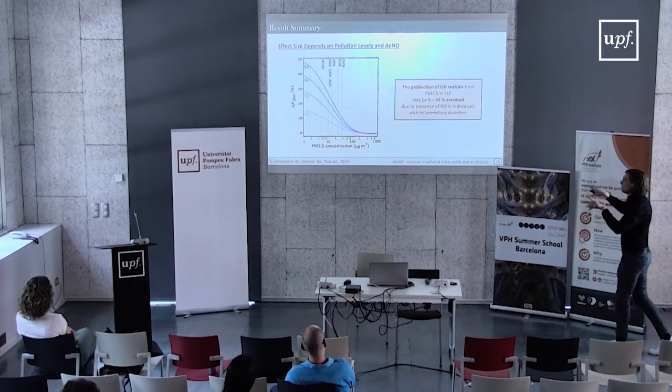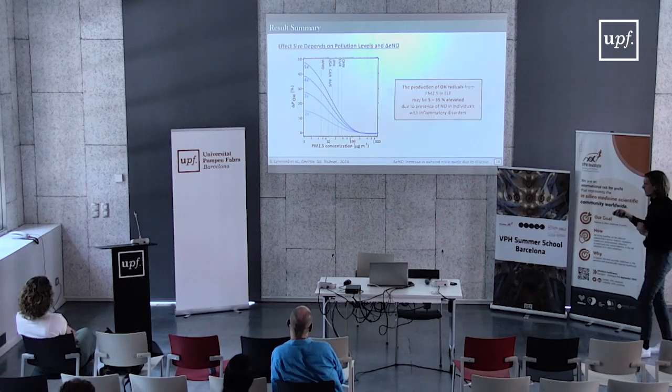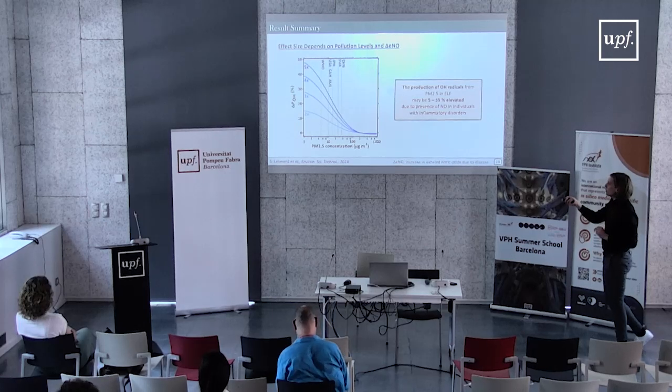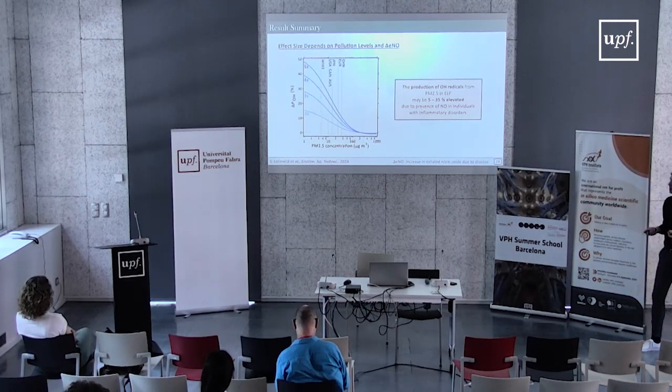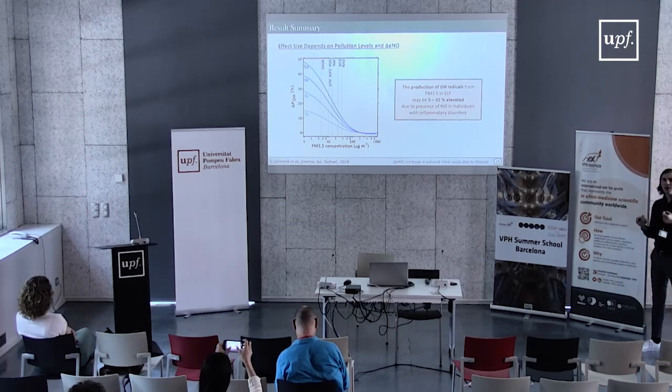Now, if I want to summarize this previous figure into one that's a little bit easier to digest, again, PM2.5 concentration on the x-axis, and what I now put here is the additional OH radicals that your body produces because of this inflammatory disorder.